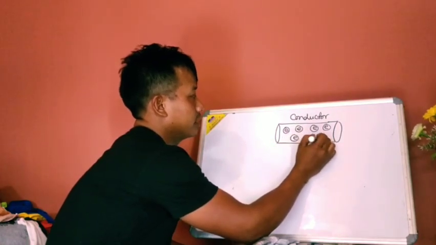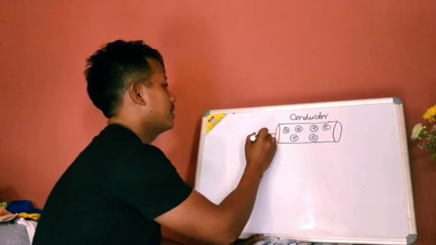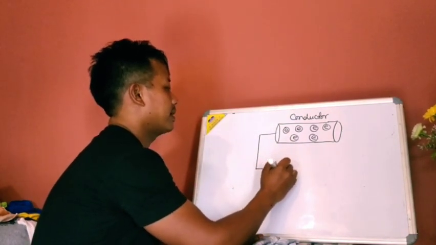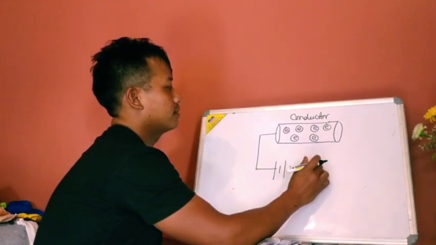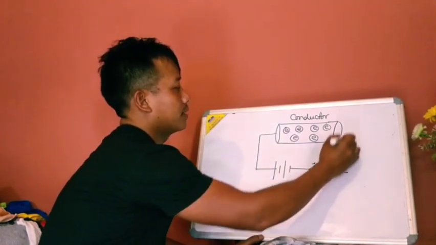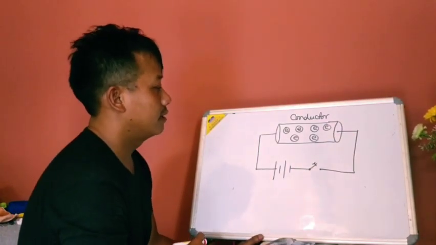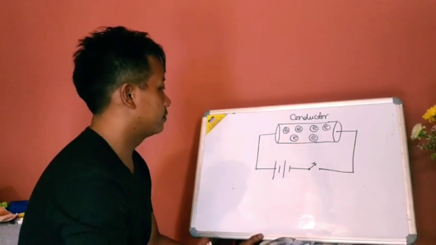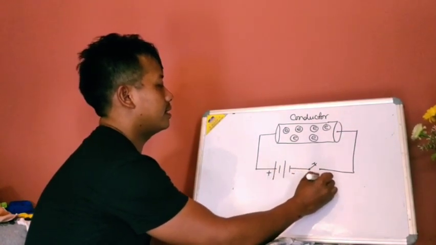These electrons are inside the conductor, and the terminals of the battery, plus and minus, are connected through a key. The key is open, so no current flows in the conductor. Although the battery is there, the key has been disconnected.